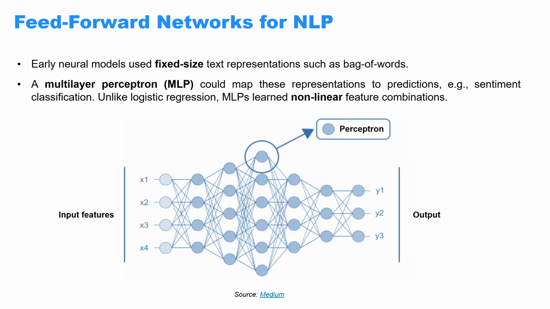We can make our neural network nonlinear, so it will learn nonlinear features of our data. And if we stack multiple linear layers with nonlinear activation functions, we'll learn a lot of nonlinear interactions in our data.